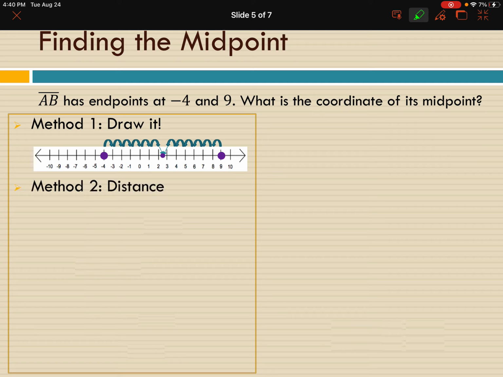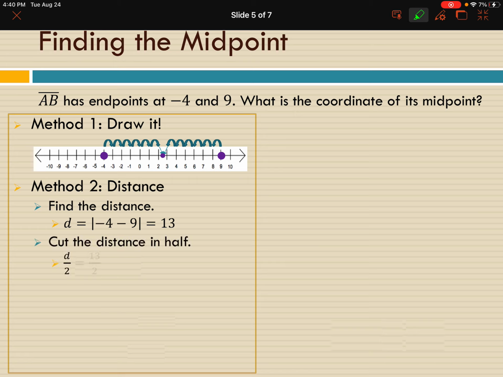Okay. Method number 2 says to use the distance. By the way, keep that 2.5 in mind as we move on. Next thing we could do is to use the distance. Step number 1 is to find the distance. So in this case, that would be just like we did before. We subtract -4 minus 9. The absolute value of that would be +13. Step number 2, cut that in half.